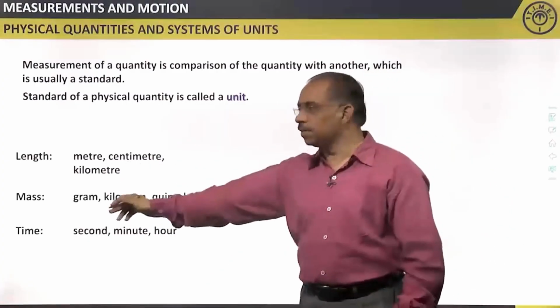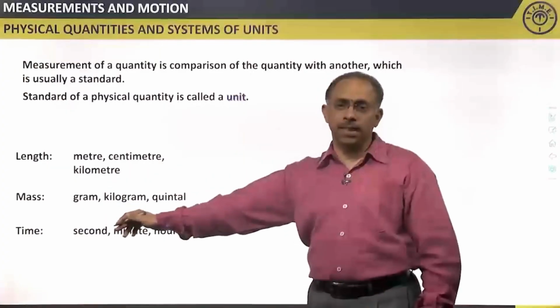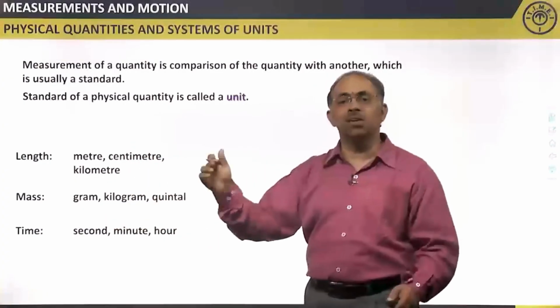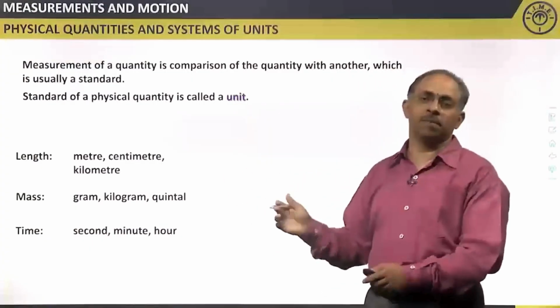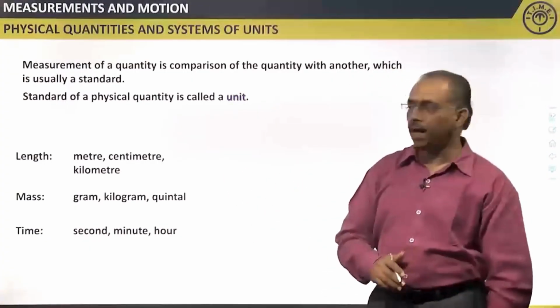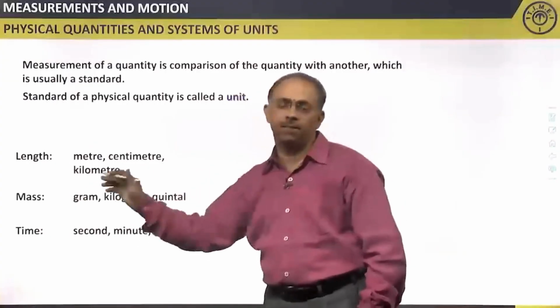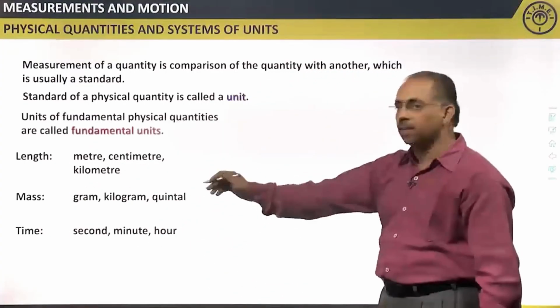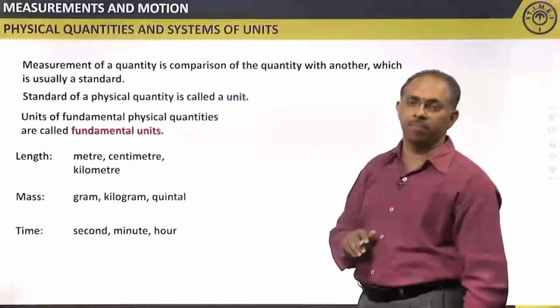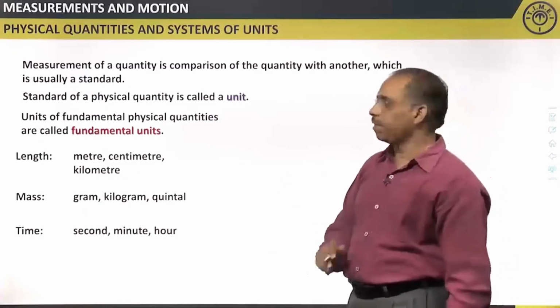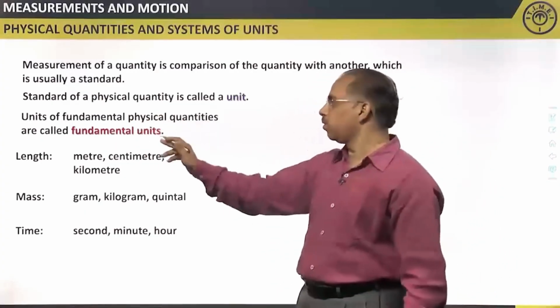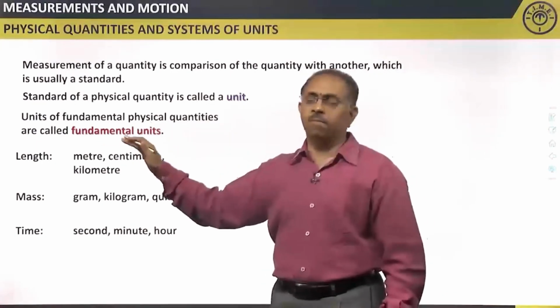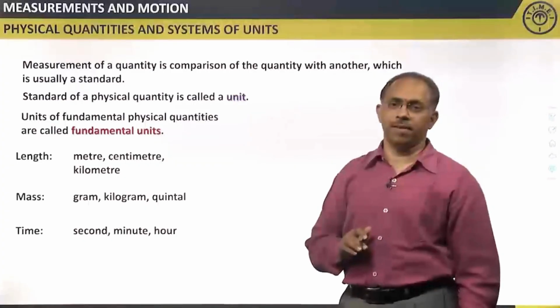These are some of the physical quantities we have seen whose measurement is not dependent on the measurement of other physical quantities, and these are the corresponding units. So we will call these fundamental units. That means units of fundamental physical quantities are called fundamental units.